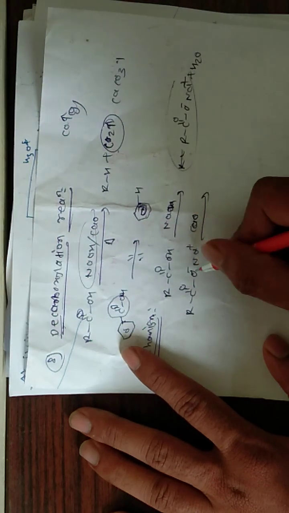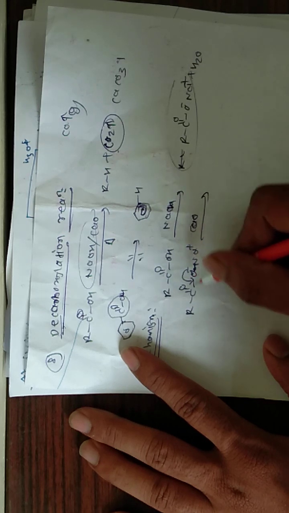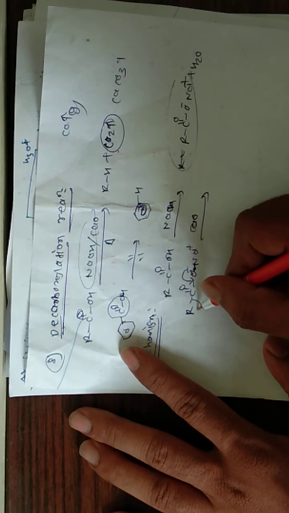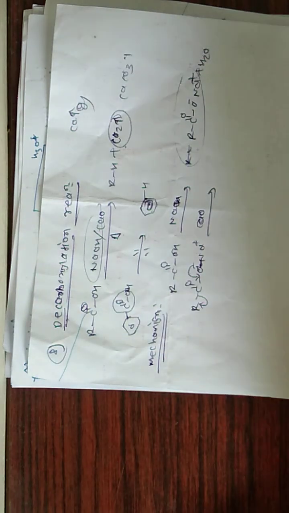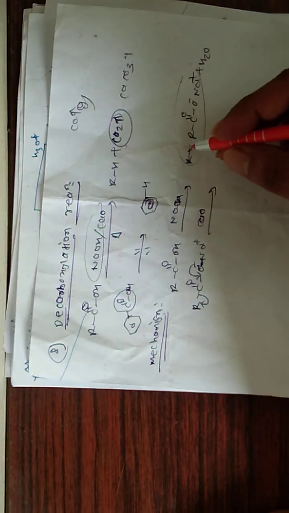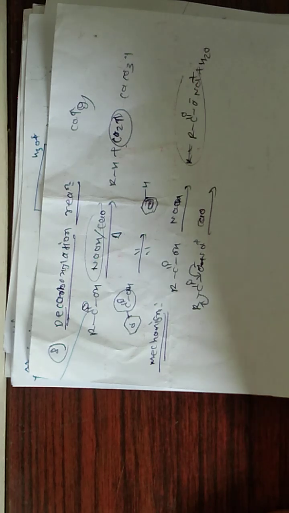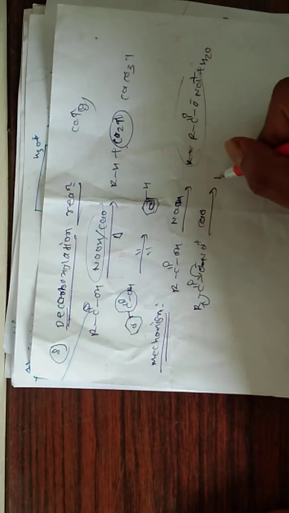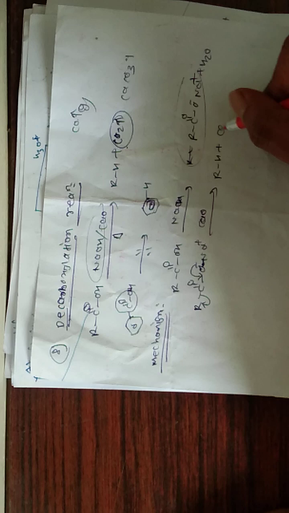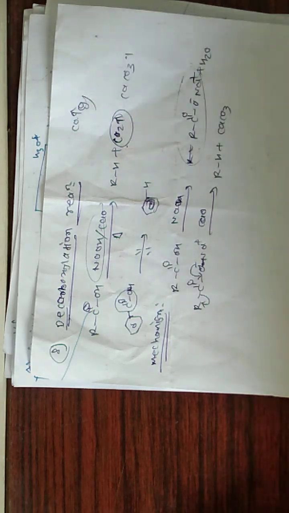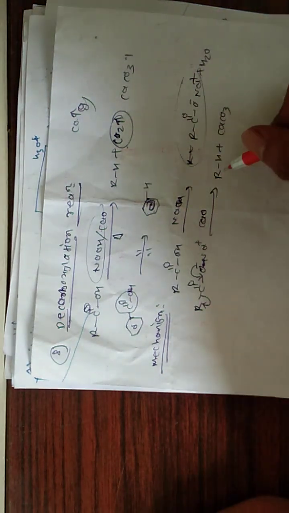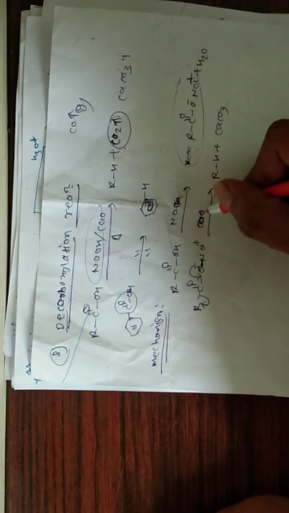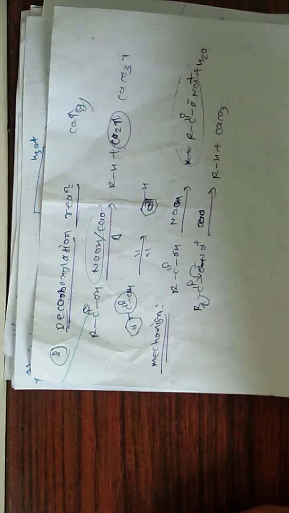The negative charge will come here and this negative charge will go to the carbon of that alkane, and simply R-H plus CaCO3, calcium carbonate, is formed. So this is a simple mechanism, but in the exam the mechanism will not be asked. Simply the direct reaction in any sub-question will be asked.